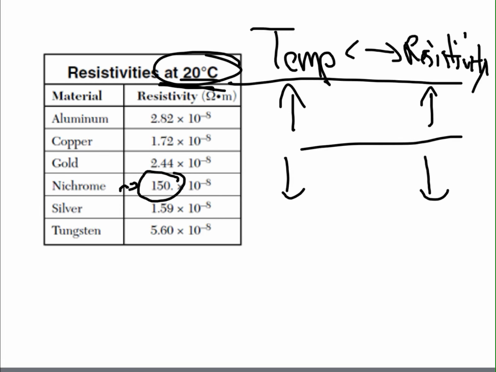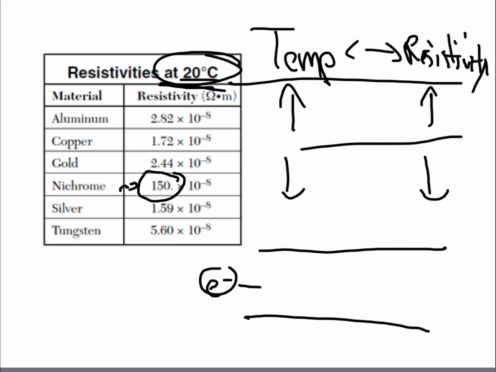Now, a simple way of explaining this would be if I have an electron here and it's trying to get from point A to point B in a wire, and all these other molecules are in here like this.